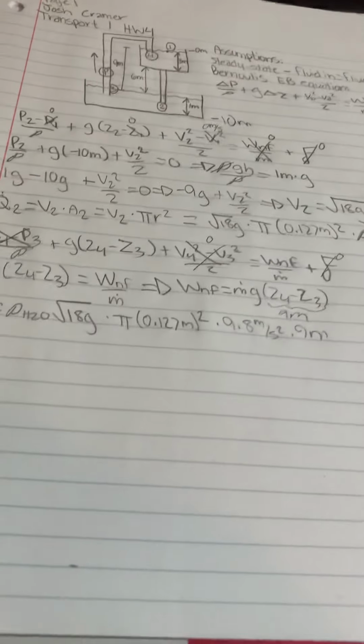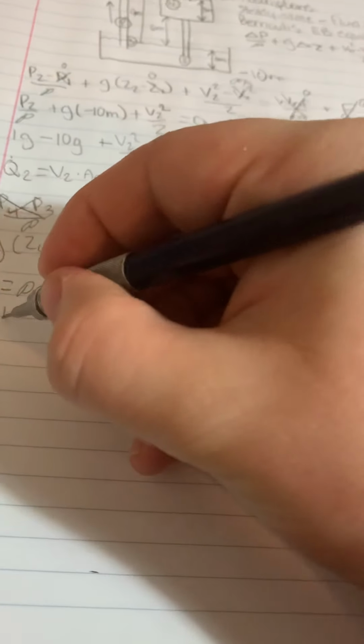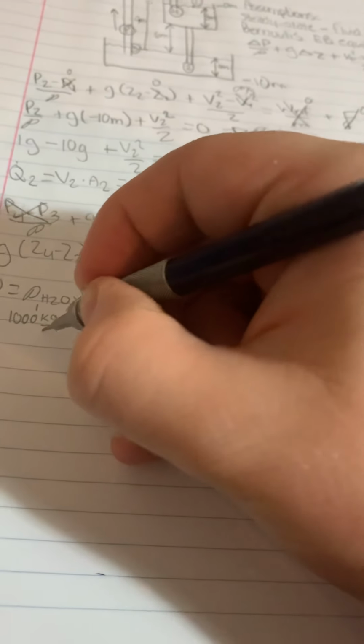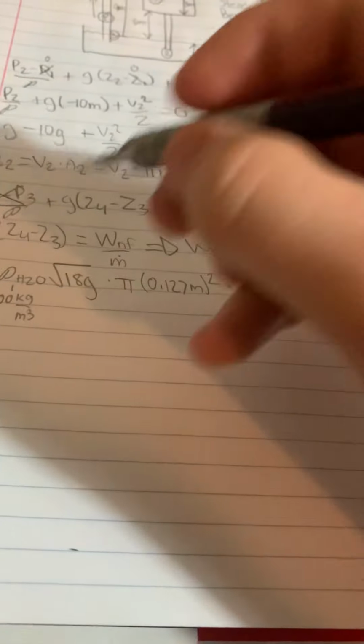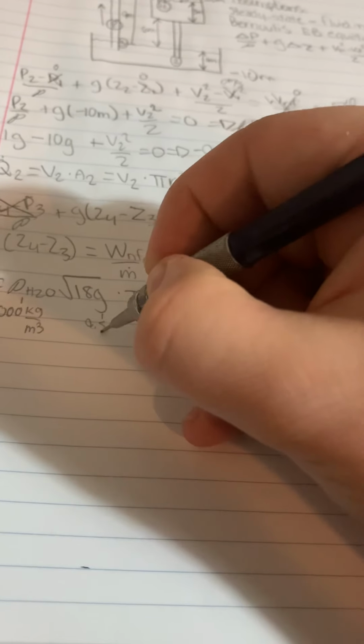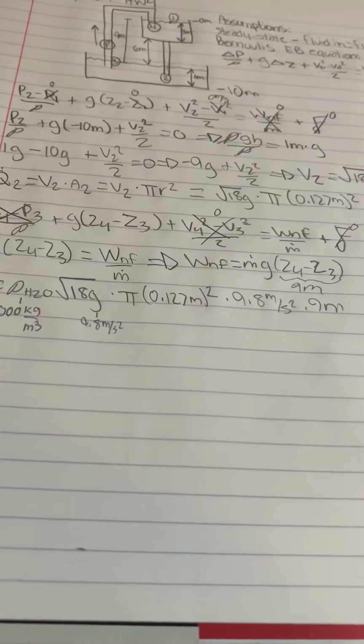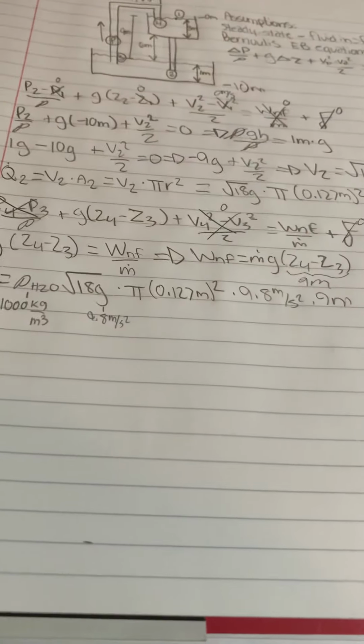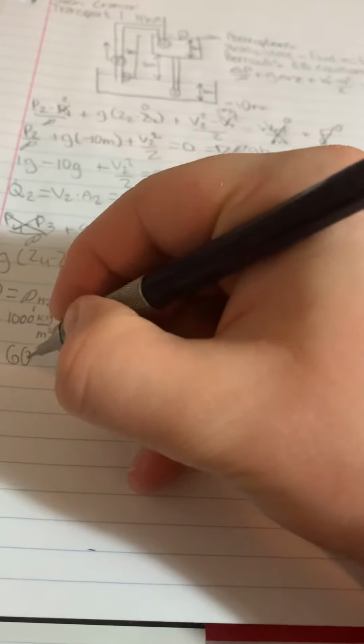A few more things that we need to substitute: the density of water is 1,000 kilograms per meter cubed, and G here is of course 9.8 meters per second squared. It looks like that's everything that is left. So when you multiply all of this out, our power is equal to 60,000.